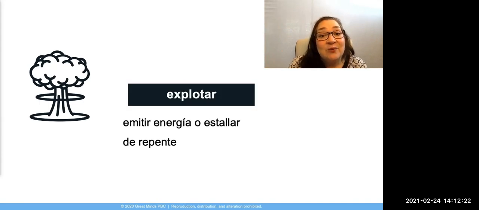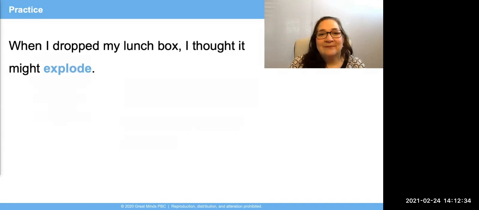Now, let's listen to the word and definition in Spanish. Explotar significa emitir energía o estallar de repente. Beautiful. Let's practice reading the word explode in a sentence.